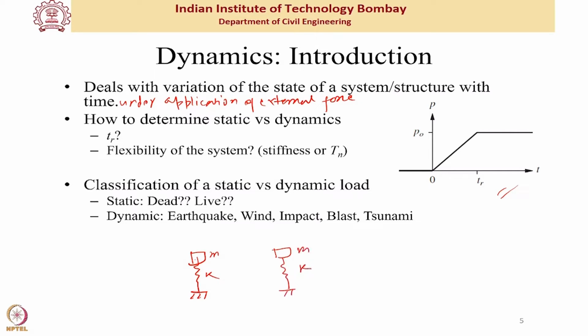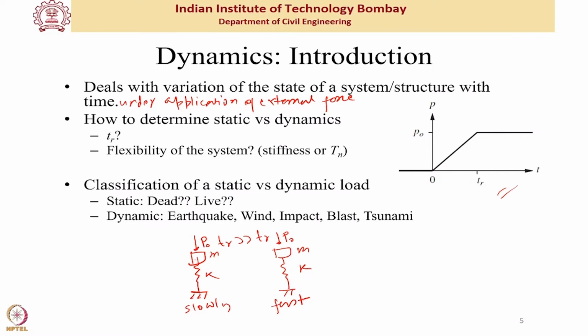So both of these have the same system properties, but now I'm applying a load P of final magnitude P naught. The only thing is that in this one, TR or the rise time is much greater than TR in the second one. So in this one, load is being applied slowly, and in this one, load is being applied fast.